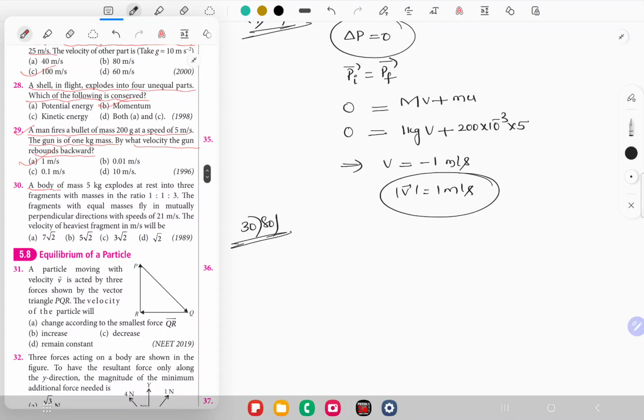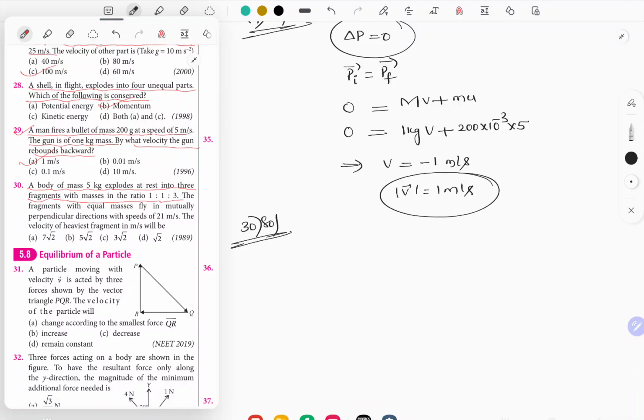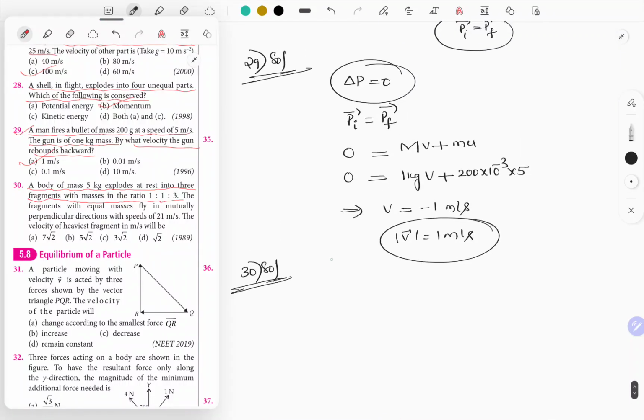In question number 30, they said a body of mass 5 kg explodes at rest into 3 fragments with masses in the ratio 1:1:3. Initial mass of the system is 5 kg. It explodes at rest into 3 fragments. It is initially at rest, so initial momentum is equal to 0.